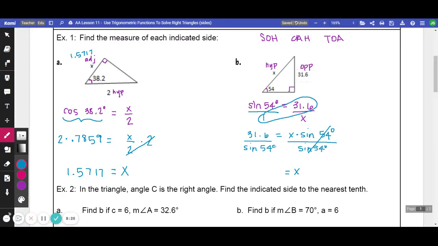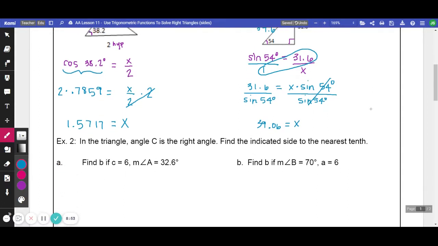Don't type the degrees symbol in your calculator; you do that by setting the mode to degrees. So I got 39.06. So that's the hypotenuse. Does that make sense? Well, this side's 31.6 and my hypotenuse has to be the long side. So yeah, I'm bigger, but it's also not 1,000. 1,000 probably wouldn't make sense, but that's a reasonable answer.